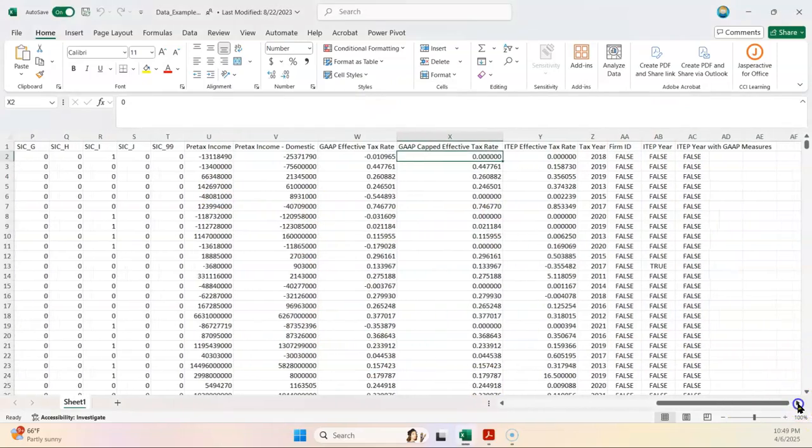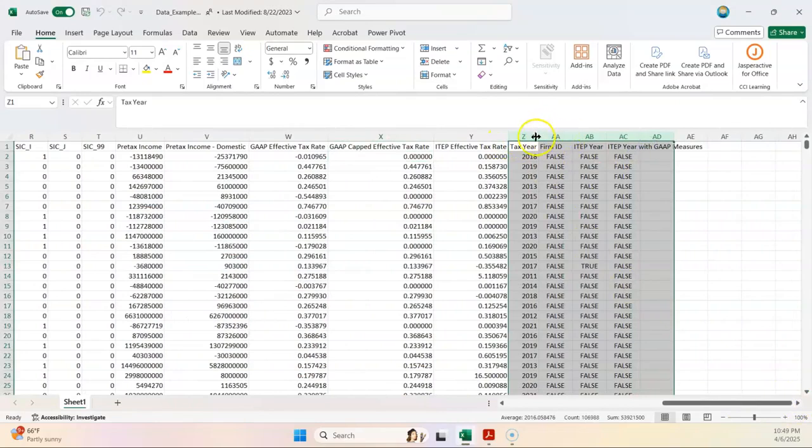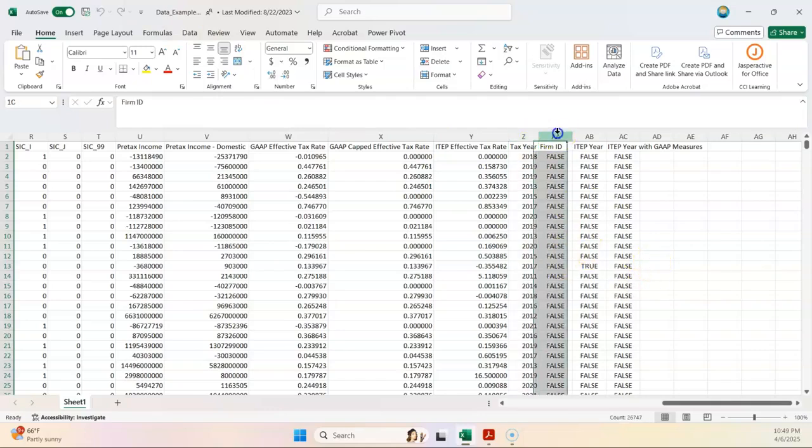Before I show you how to do the percentiles, we have all these things here. These are the different tax filing years, because there are a ton of data points and multiple years of data in here. I don't remember what the firm ID is. Then we have ITEP year. ITEP is the nonprofit that put together this data set, and they're the ones that coined the phrase dirty dogs.